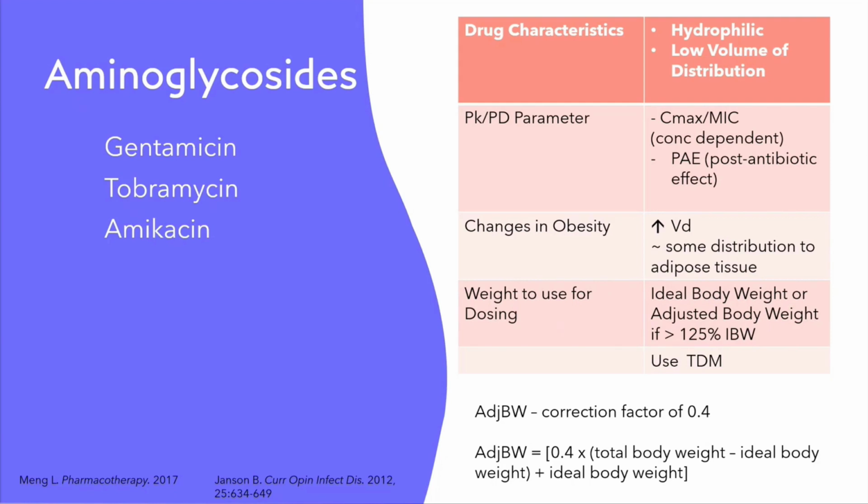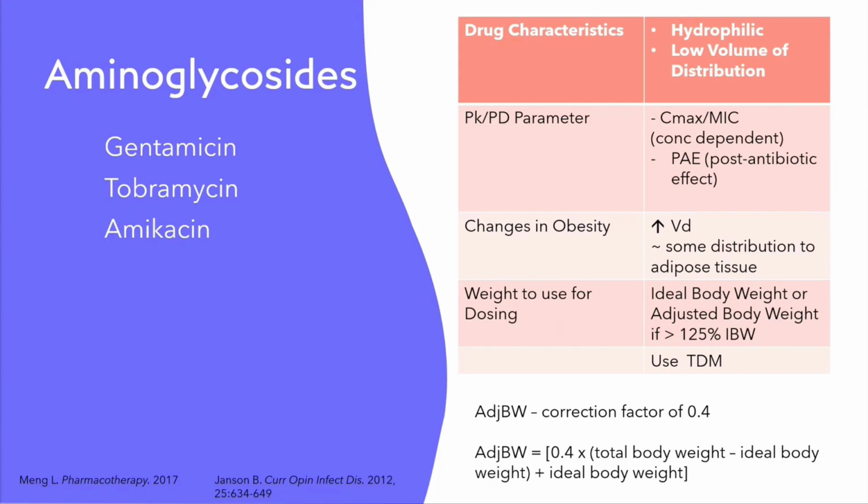So when it comes to choosing the weight for dosing, typically if I have a patient who is not obese, I'm going to stick to using that ideal body weight. But once they start to get over roughly 125% of their ideal body weight, the recommendation is to switch over to using adjusted body weight.